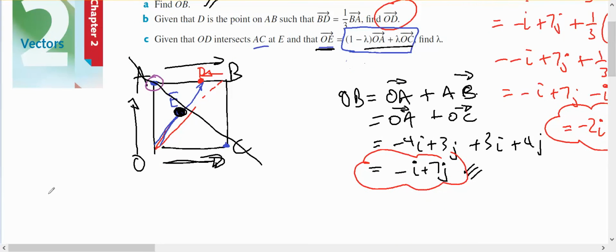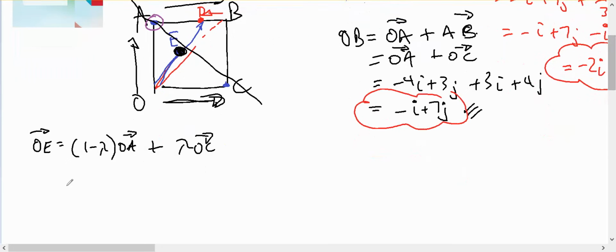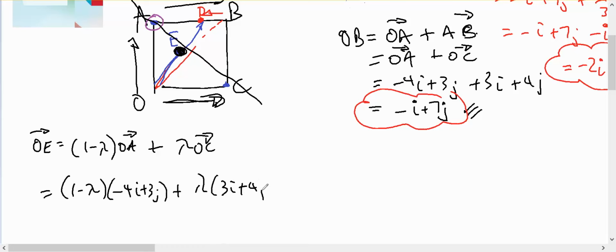Okay, so if I take this expression for OE, it's going to be 1 minus lambda times OA plus lambda times OC. And that's going to equal 1 minus lambda times OA, which is minus 4i plus 3j, and lambda times OC, which is 3i plus 4j.